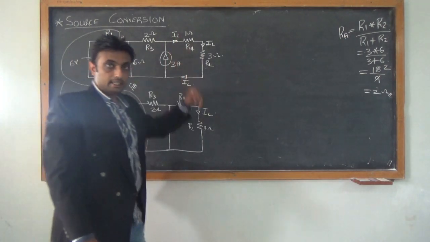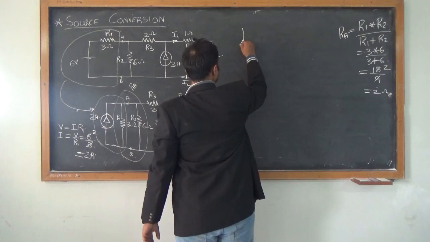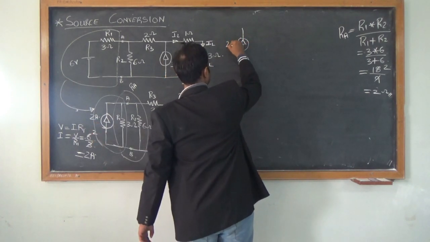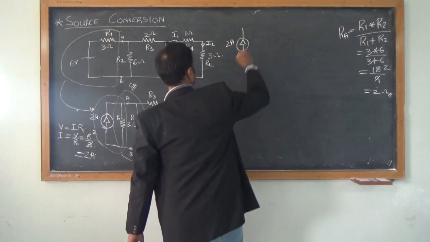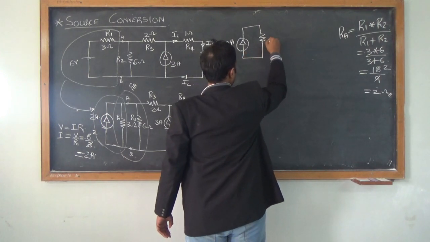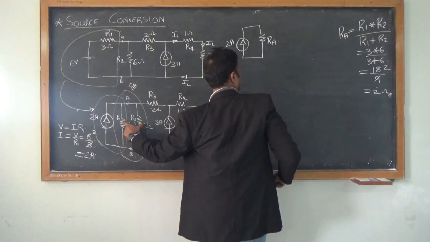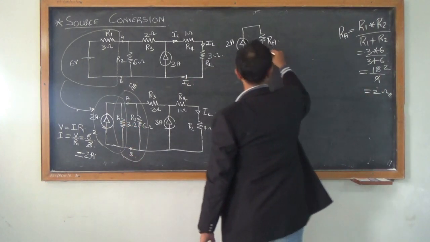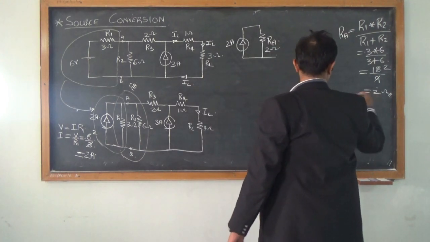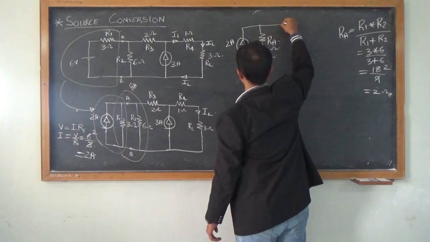So now again simplifying the circuit, so I have 2 amps here and I have my Ra, which is a combination of both these resistors in parallel, which I got as 2 ohms. Now the rest of the circuit remains the same.